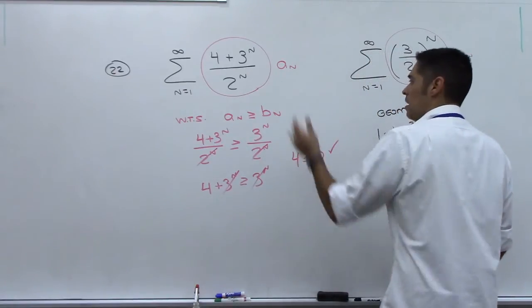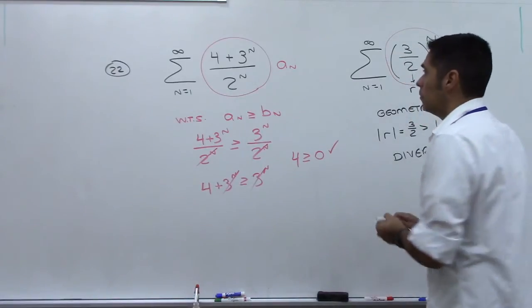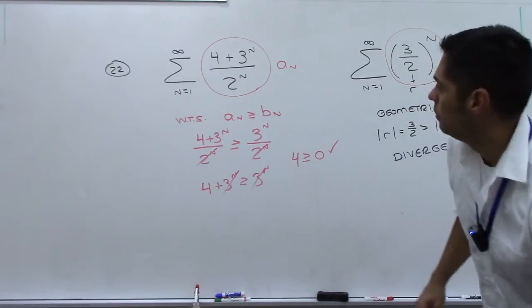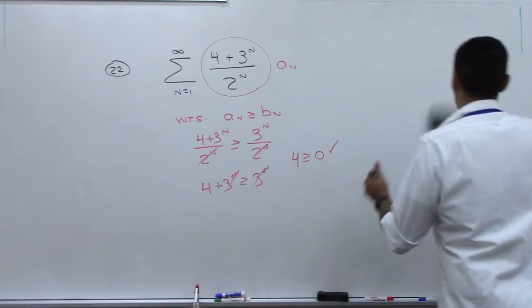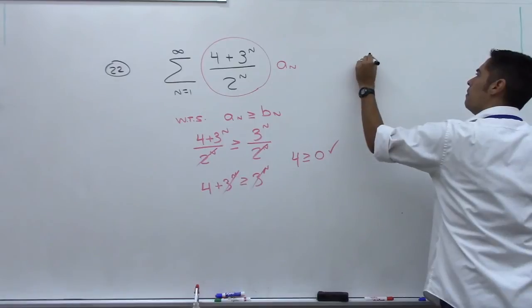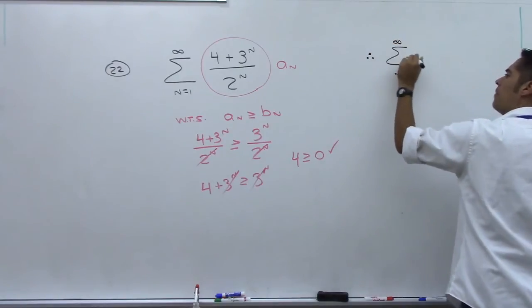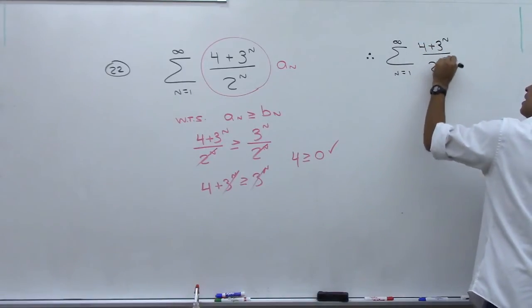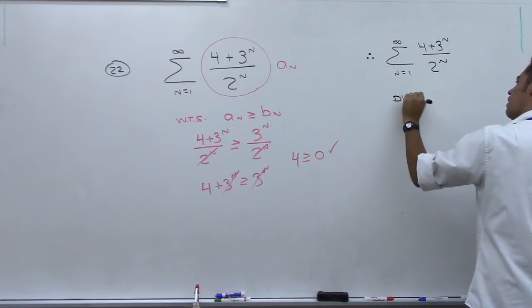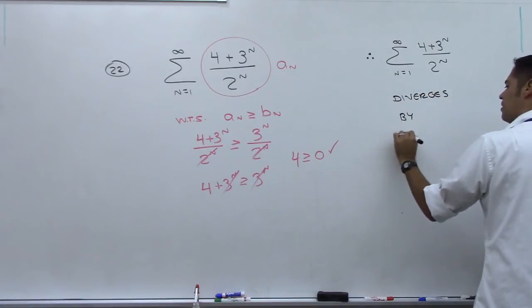That checks, so this holds. Therefore, the series sum from n equals 1 to infinity of (4 plus 3 to the n) over 2 to the n diverges by comparison test.